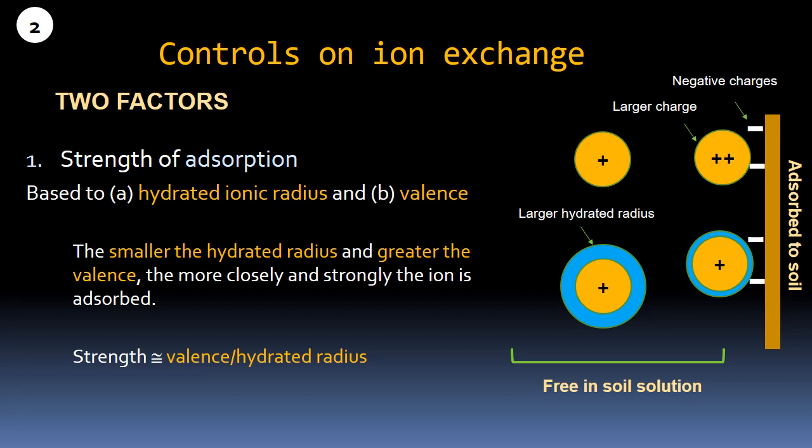In the condition that we have two different cations, one of them is +1 and another one is 2+, which one of them will be tightly held in the soil if the soil has only two negative charges? Think about it for a moment. You would find that the one with 2+ would be tightly held in the soil. Why?